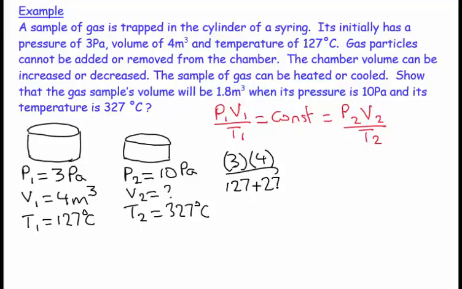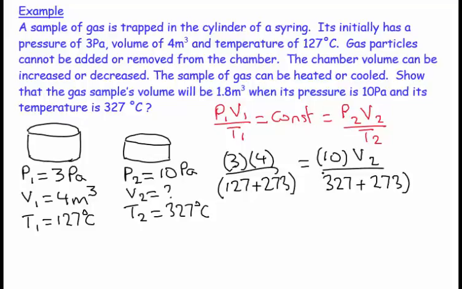So that would be 273. And this equals, if we look at our second part, it's going to be 10 Pascal and V2. And this will be, again, rather than 327, it's going to be 327 plus 273, because I need to be in Kelvin for this to work.